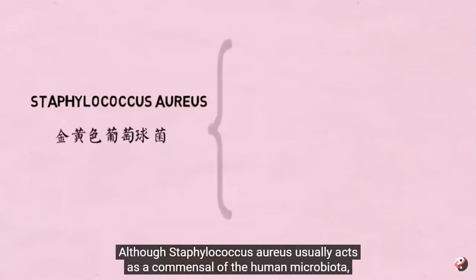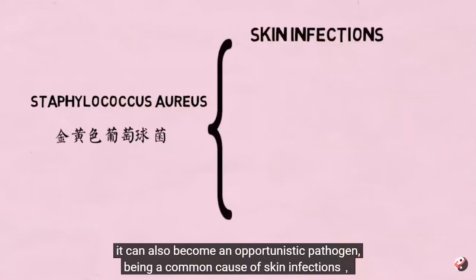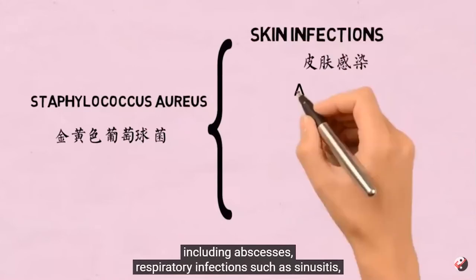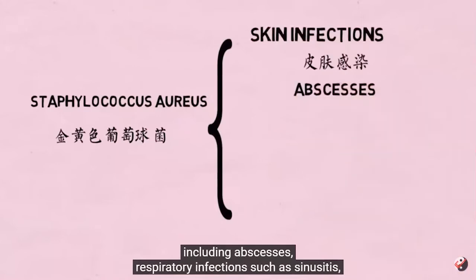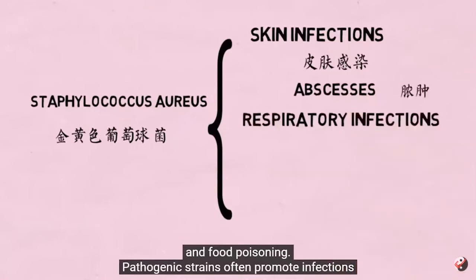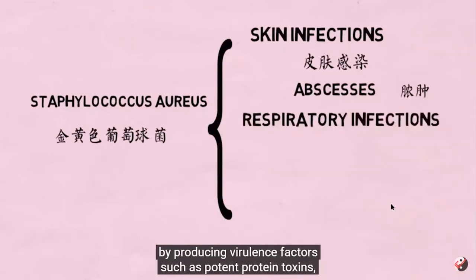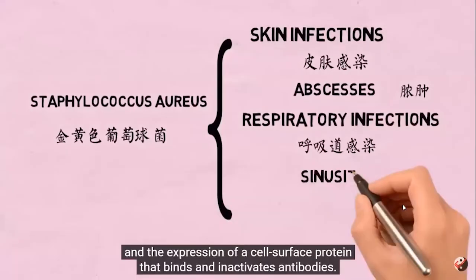It is a facultative anaerobe that can grow without the need for oxygen. Although Staphylococcus aureus usually acts as a commensal of the human microbiota, it can also become an opportunistic pathogen, being a common cause of skin infections, including abscesses, respiratory infections such as sinusitis, and food poisoning.